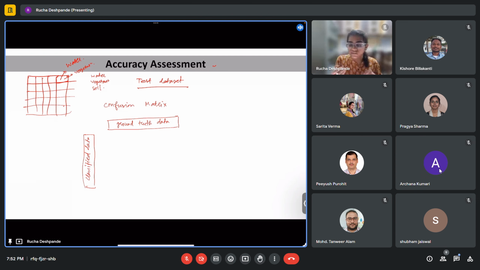Suppose I'm classifying my data into 4 different classes. Here is my class 1, class 2, class 3, class 4.